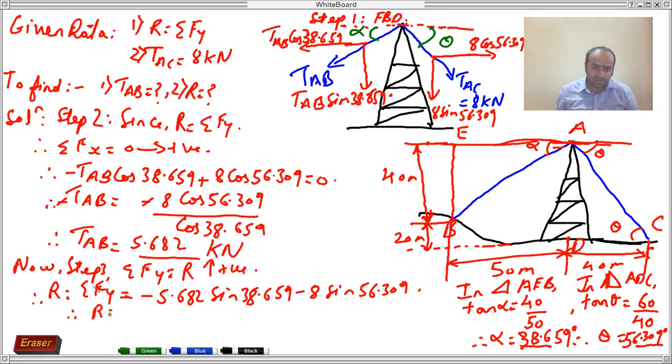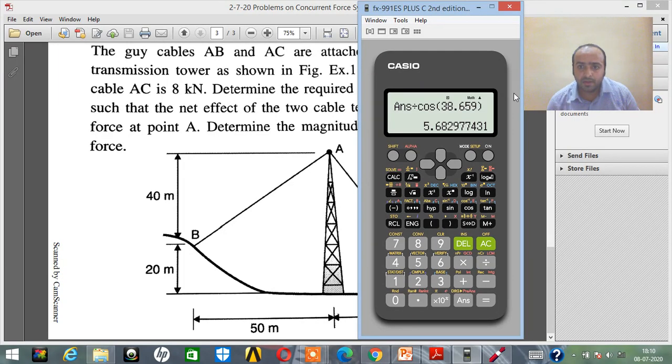Therefore R is equal to minus 5.682 sine 38.659 minus 8 sine of 56.309.